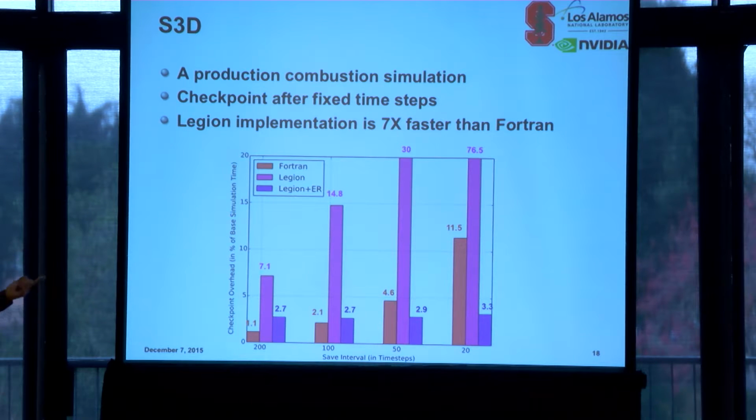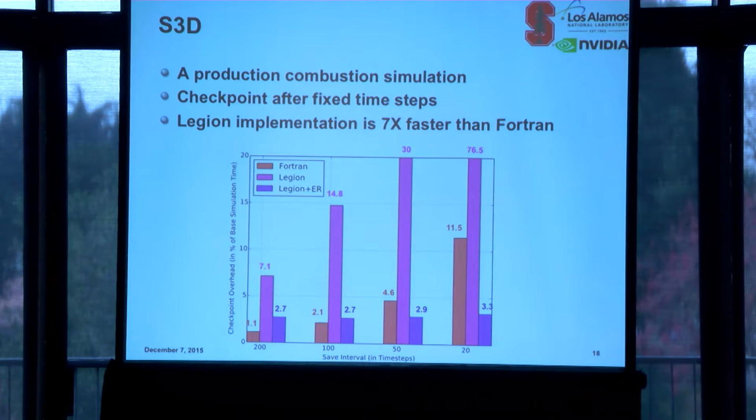And I think the purple bar shows our original Legion implementation, which does the checkpoint inside some Legion task. And the blue version shows the behavior of the attach operation. The bar actually shows the checkpoint overhead as a percentage of the baseline simulation.